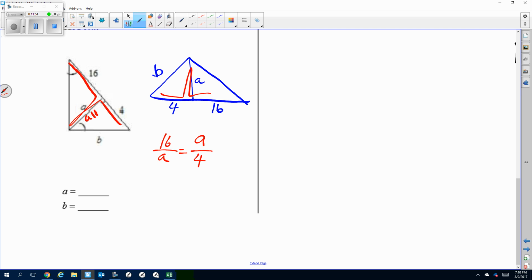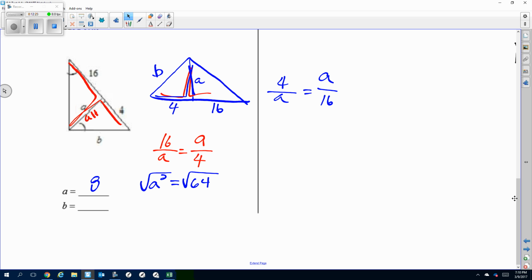Or if I start from the left and go to the right, I'm going to 4, then up to A, then back down A, to 16. And we're just cross multiplying. When we cross multiply, we get A squared equals 64, and when we take the square root, that's the perfect square. So A is 8, okay?